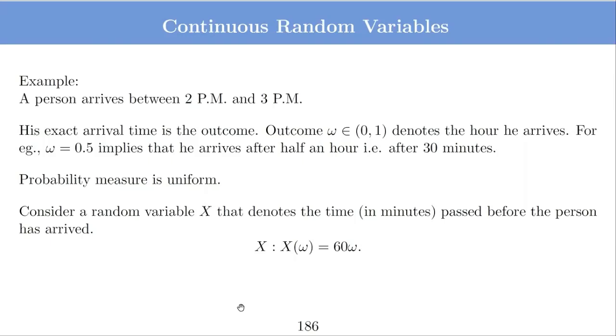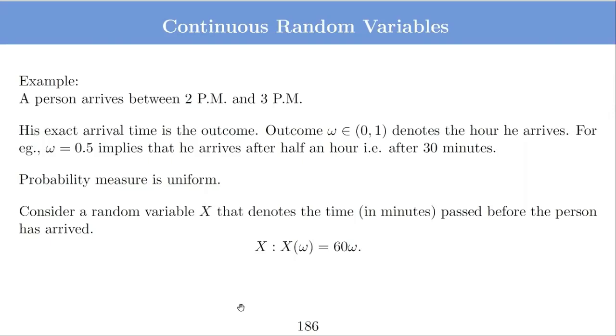Okay, so continuity doesn't mean that if the sample space is uncountable and the probability measure is uniform, then it will be a continuous random variable. No. The probability measure can be uniform, but the continuity of the random variable depends on what random variable you take and what the probability law is on it.